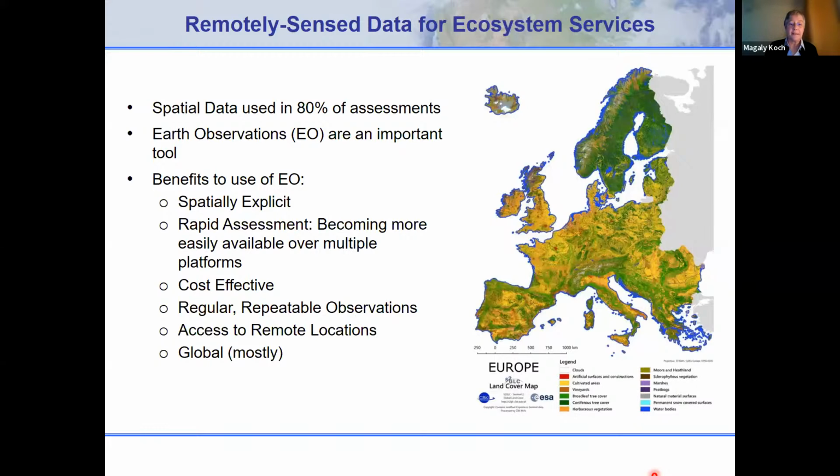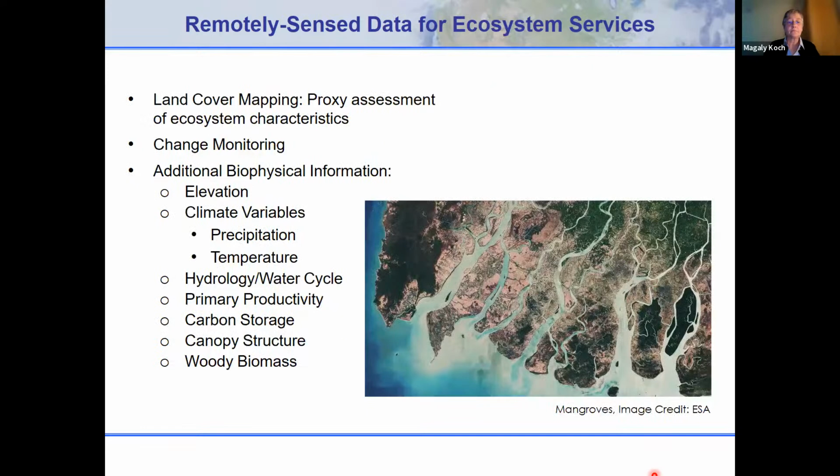And the other very important contribution of remote sensing is that it provides a way to generate maps at a basically global scale. These land cover maps are often used as proxies to assess the ecosystem characteristics. So here we have one example of a mangrove area region shown in natural colors.